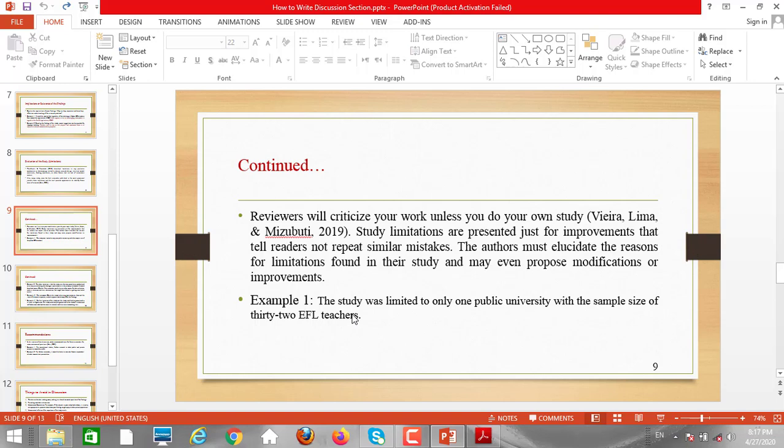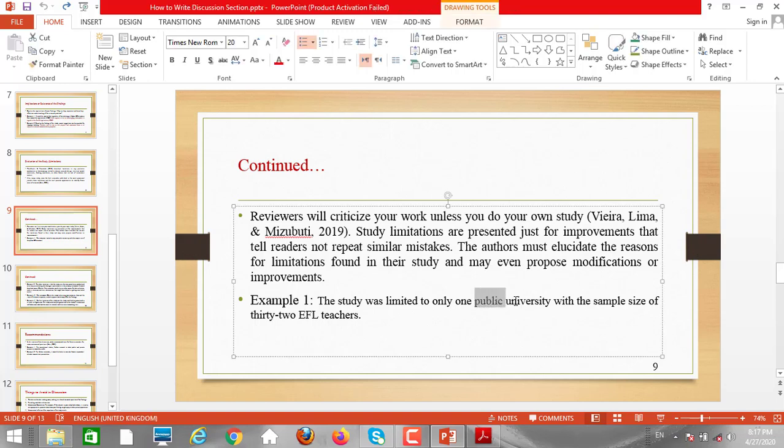Here is one example. In this example, as you can see, my limitation can be public university, particularly let's say Kandahar University, and also the sample size, which is 32 EFL teachers.